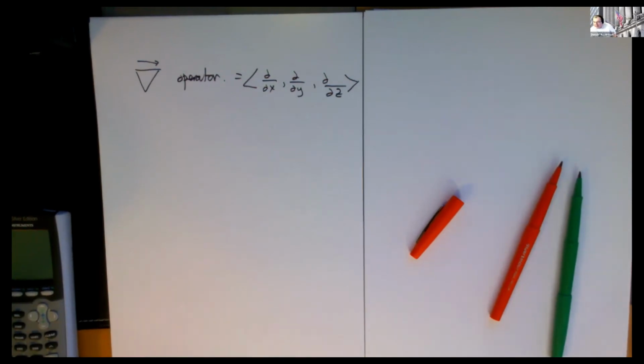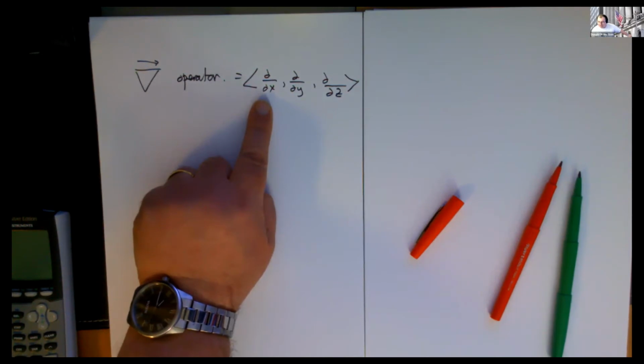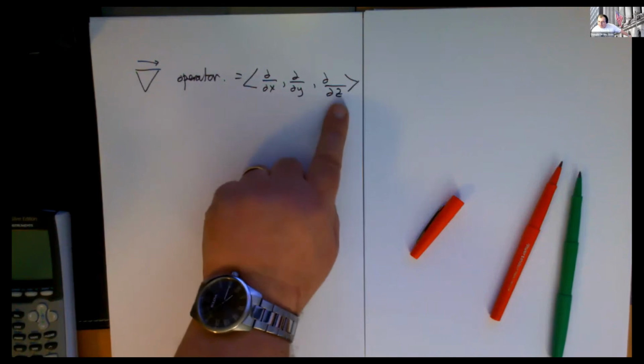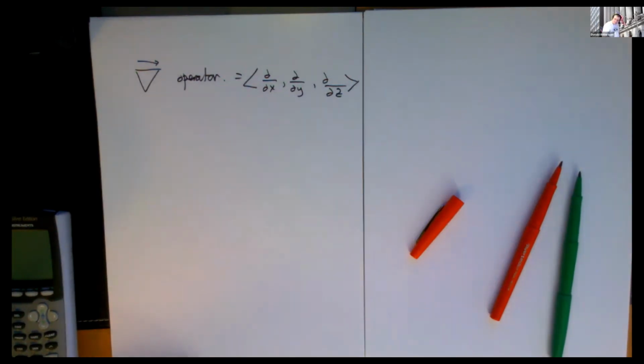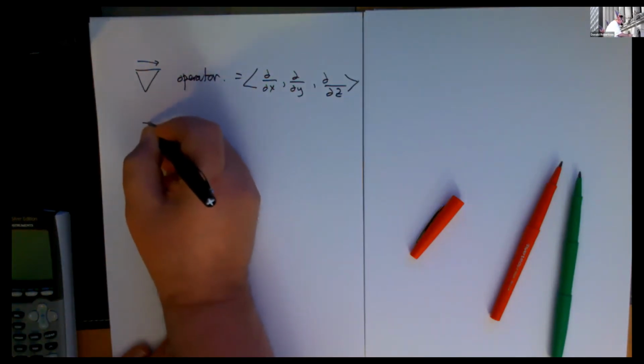It's d blank by dx, right? So that's an operator. It says you're going to find the partial derivative of something with respect to x. We just don't know what the something is yet. And that's the partial derivative with respect to y of something, and that's the partial derivative with respect to z of something.